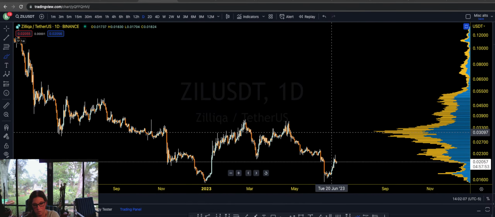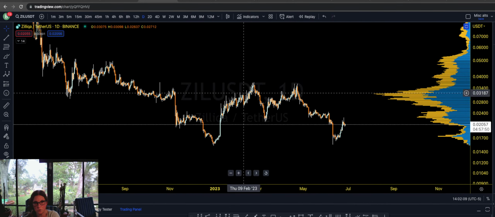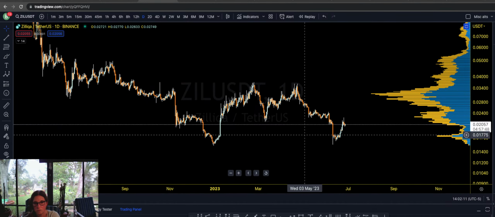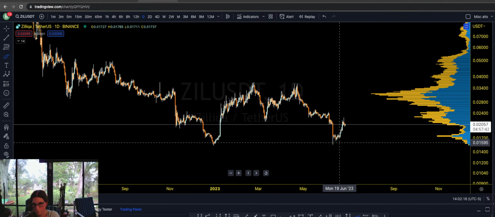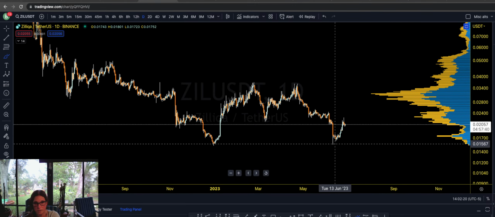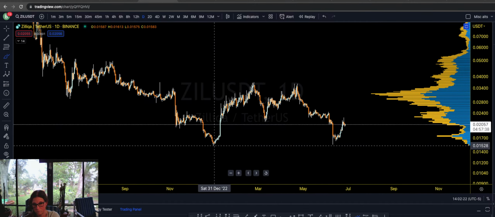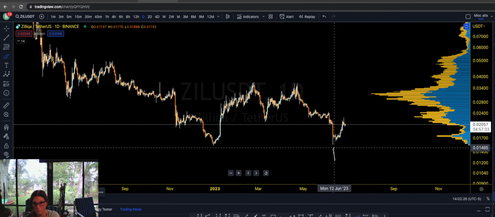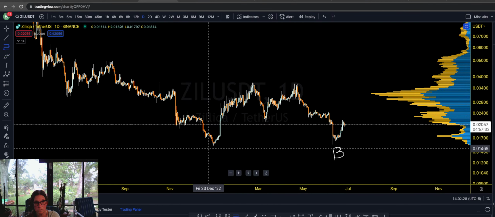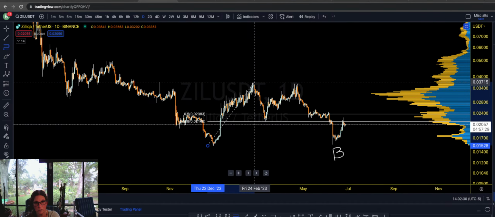So all of these alts had this beautiful wave. We wanted this to be the start of something. And then it carried on forever. And then it tapped its low. But we can still have this be a B wave as long as it doesn't break the expanded B pocket.